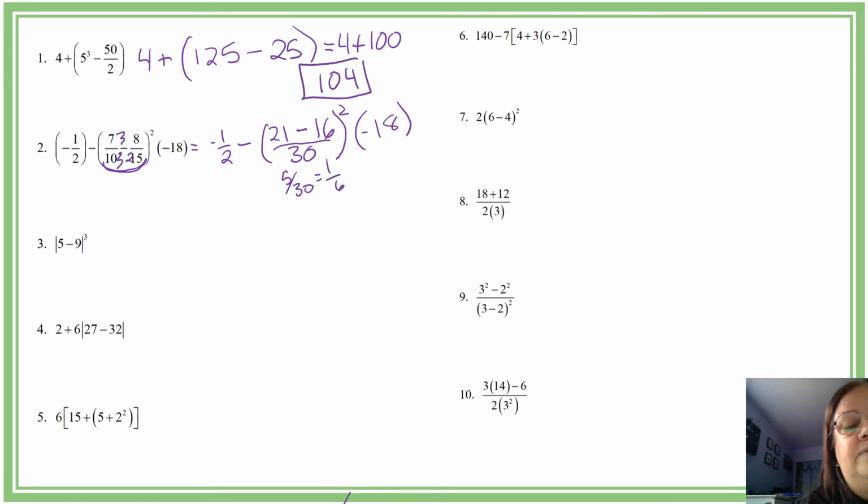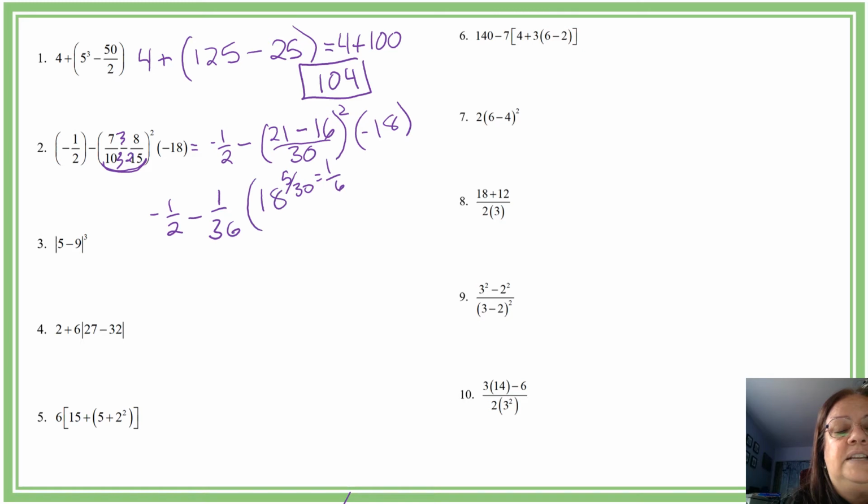So now I have negative 1/2 minus 1 over 6 squared. 1 over 6 squared is 1 over 36. So this is minus 1 over 36 times a negative 18, sorry.